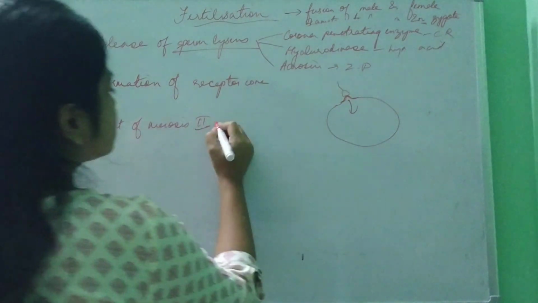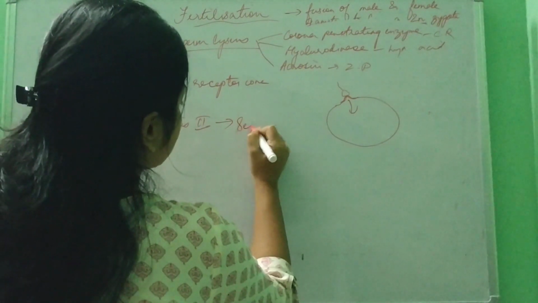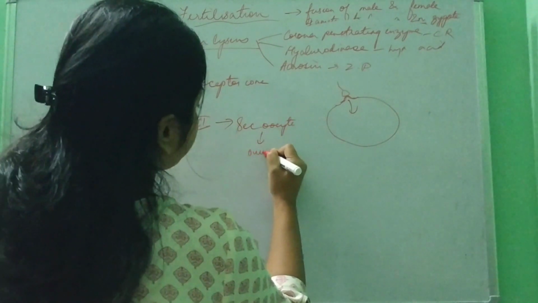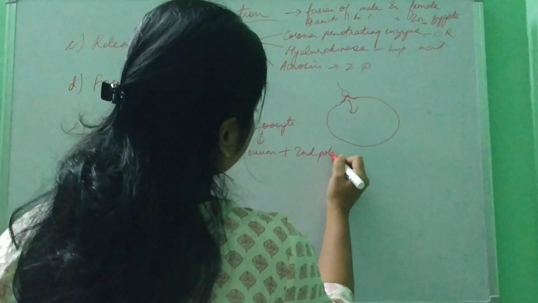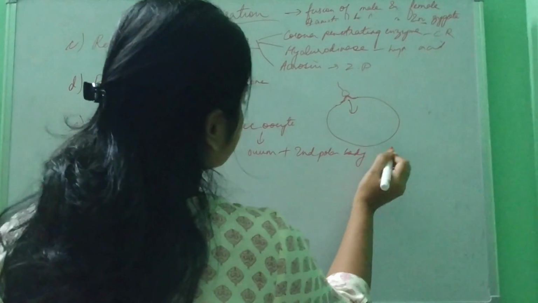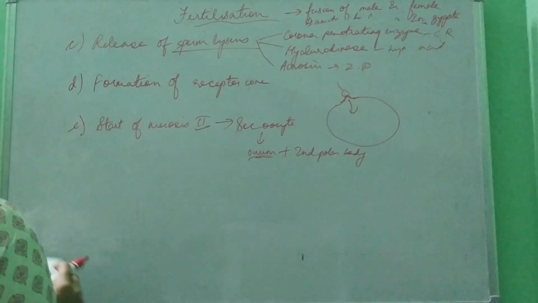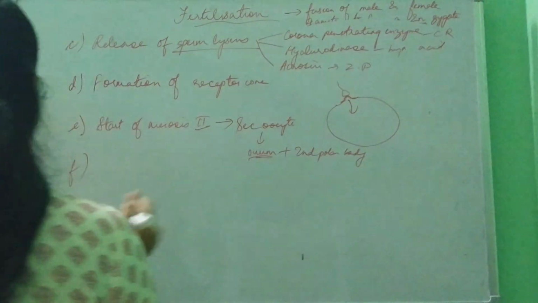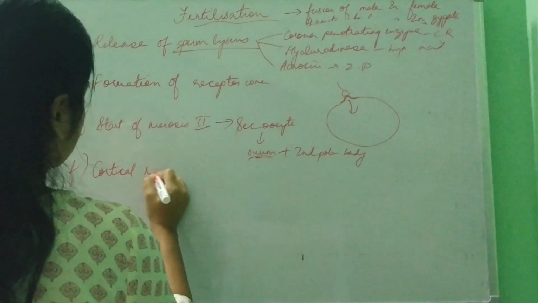This meiosis 2 will convert the secondary oocyte to an ovum and a second polar body. The second polar body will degenerate. We need this ovum. So after this we have got the ovum now. Next, the cortical reaction will occur.